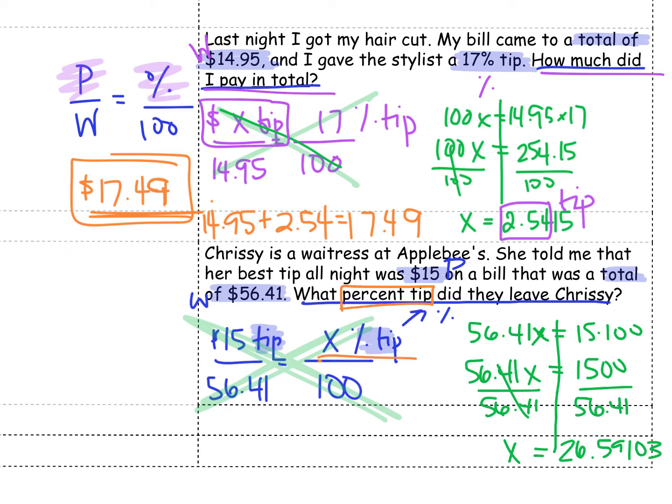I already know X is my percent tip, and generally with percents, we like 1 or 2 decimals. So I'm going to do 1 decimal, but this 9 is going to bump my 5 up. So they left a 26.6% tip. Notice we have to be matching.